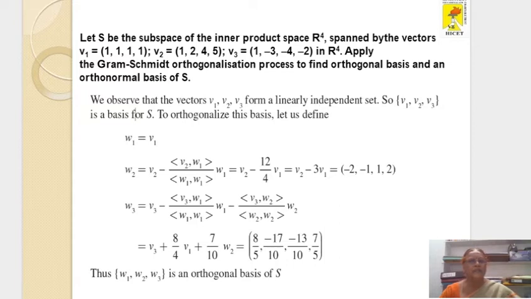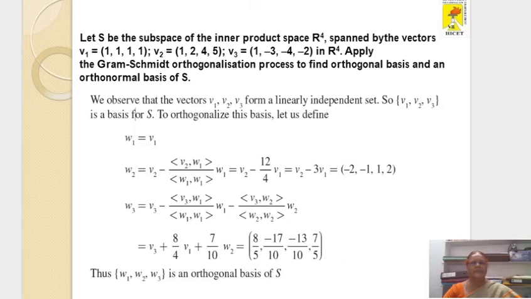Now apply Gram-Schmidt orthogonalization process to find the orthogonal basis and an orthonormal basis of S. Here we observe that the vectors V1, V2, V3 form a linearly independent set. Now V1, V2, V3 is a basis for S.